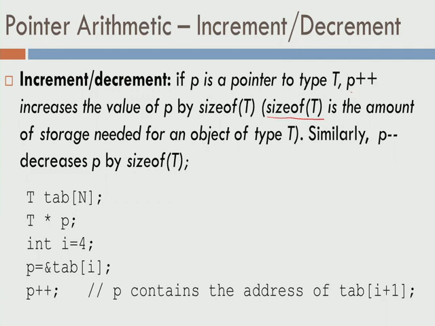So when you do P plus plus, it is not incrementing P to point to the next byte, it is going to make P point to the next valid element of the data type T. Let us say my integer is actually 4 bytes. I have an integer called A and let us say it is occupying 4 bytes.